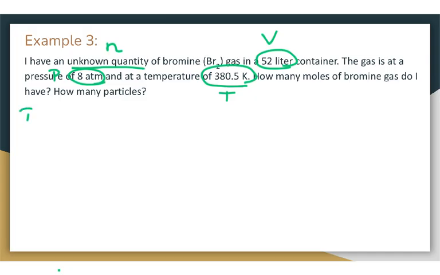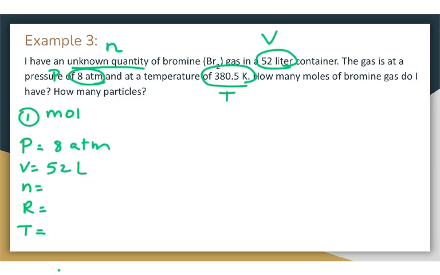So first we're going to find moles, which is n. So P, V, n, R, T, those are my variables. And I'm going to just list those out so I have them organized. Question mark because moles is my unknown.